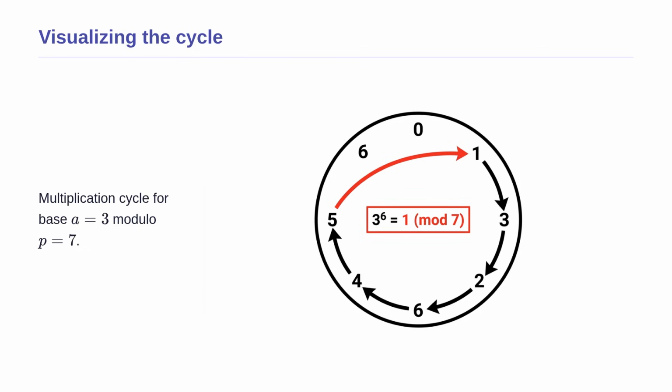Multiplying by 3 again gives 9, which wraps around our 7-hour clock to land on 2. If we follow the black arrows, we visit 6, then 4, then 5. Finally, the red arrow shows our 6th step. Multiplying 5 by 3 gives 15, which wraps around to exactly 1. Just as the theorem promised, taking 3 to the power of 6 brings us perfectly back to a remainder of 1.